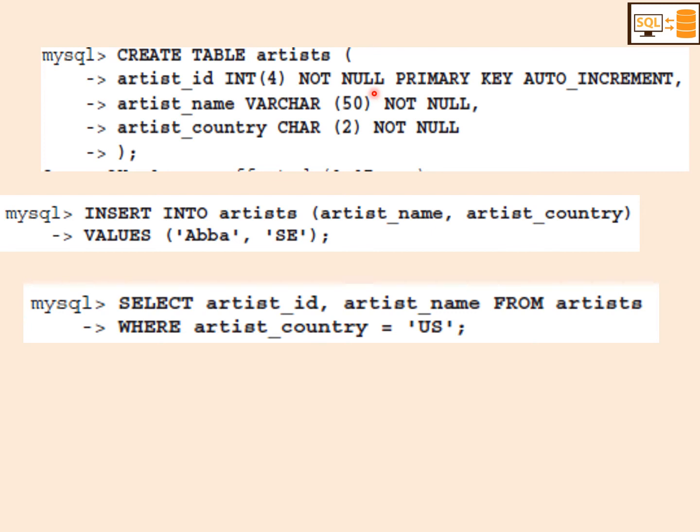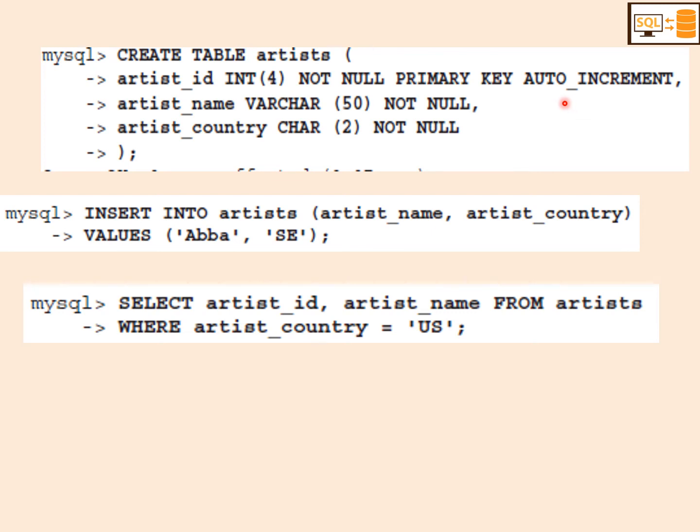That is why not null. Then it is the primary key. So this particular field is used to identify the records in the corresponding table, and it is set as auto increment. Initially it will by default start from 1 onwards, and for the next row it will be automatically incremented to the next higher value.